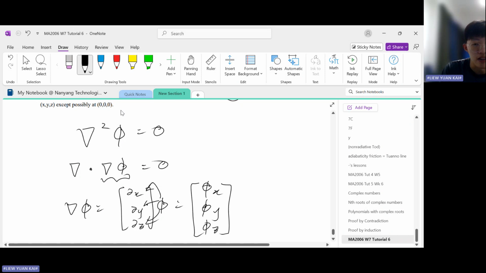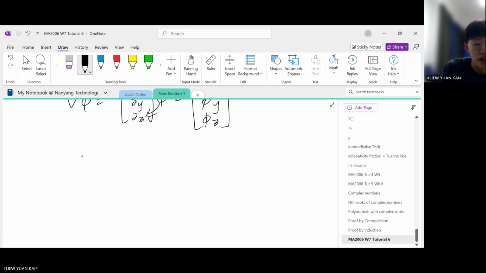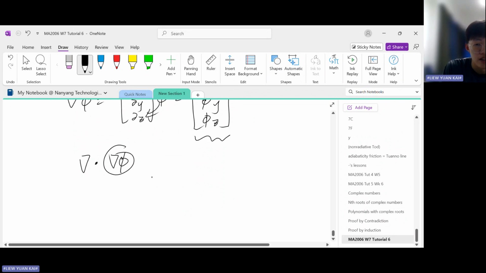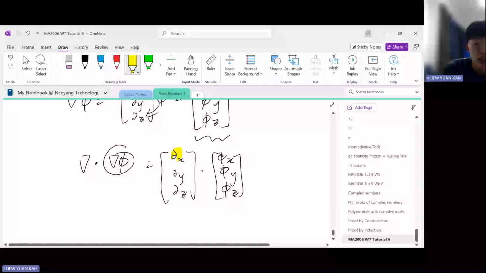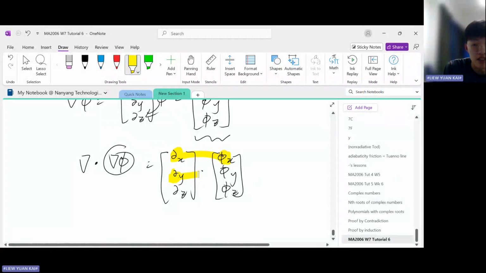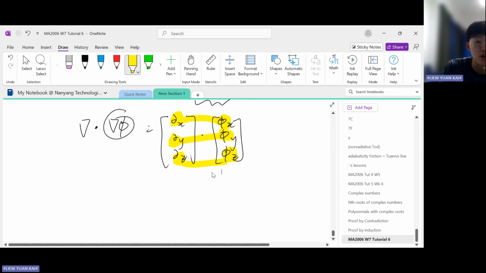Now we need to dot product nabla with this. So replace this with the result that we got here, and replace nabla with its definition. Dot product x, y, z. What this means is this entry acts on this entry plus this entry acts on this entry plus this entry acts on this entry. That's the definition of dot product.